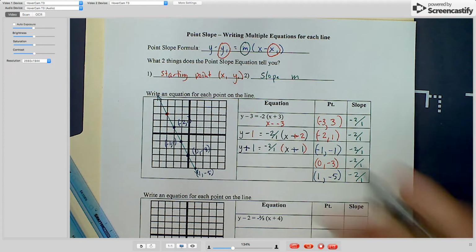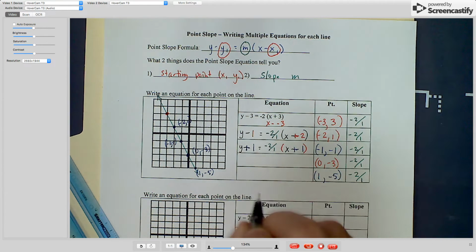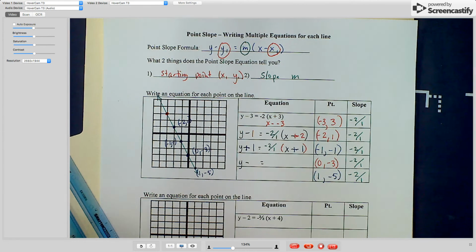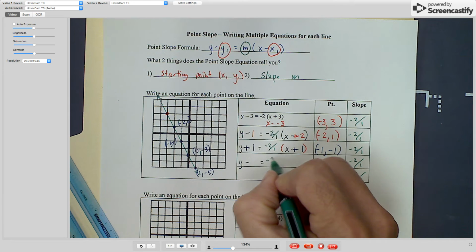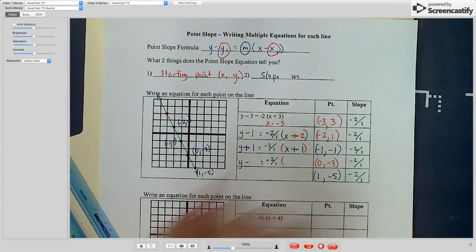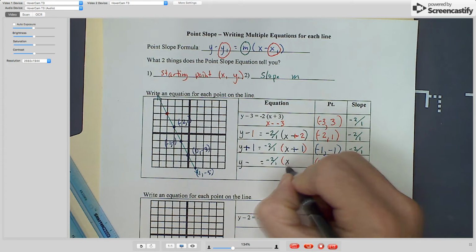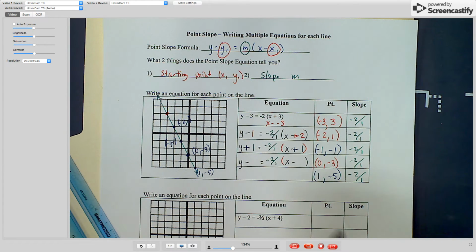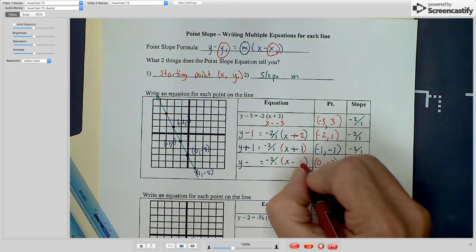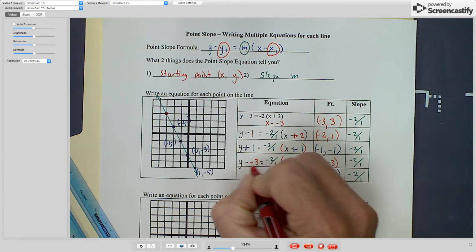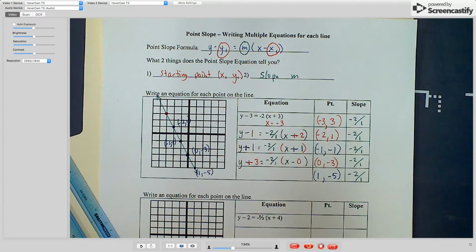The next one, I hope you're seeing a pattern. Y minus something is equal to negative 2 over 1, and then x minus whatever number. Now in this case, it's x minus 0, and y minus a negative 3, which turns into y plus 3.